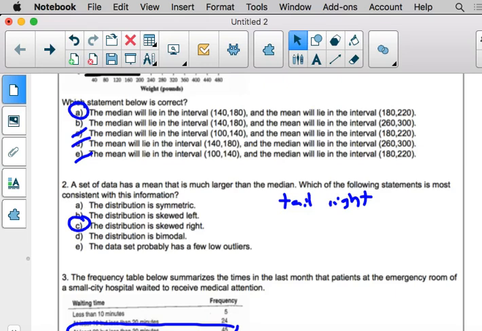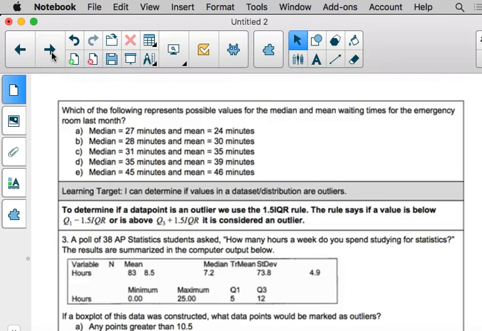So if this is slightly skewed right, again, we'd expect the mean to be a little bit bigger than the median. So let's look at all of the values that we're saying are possible.